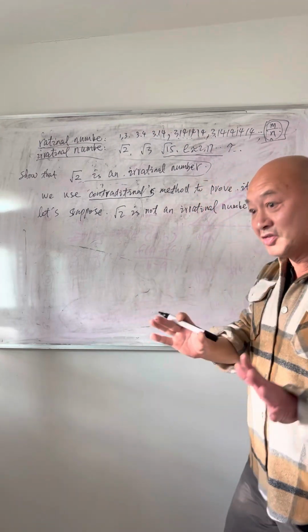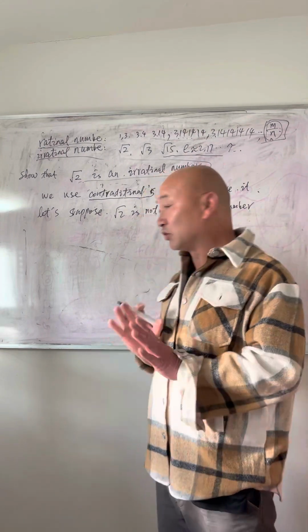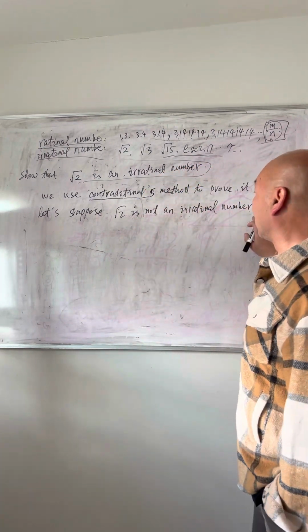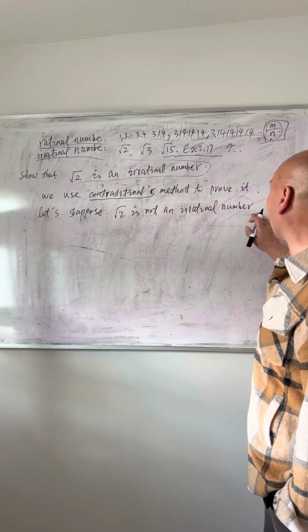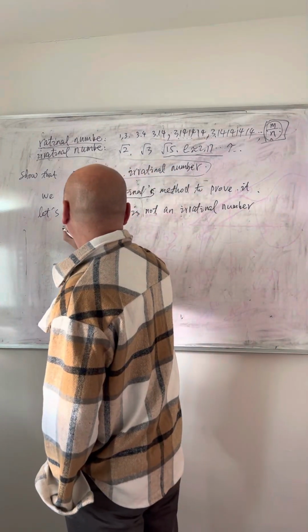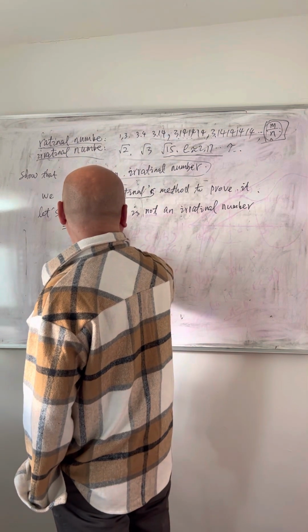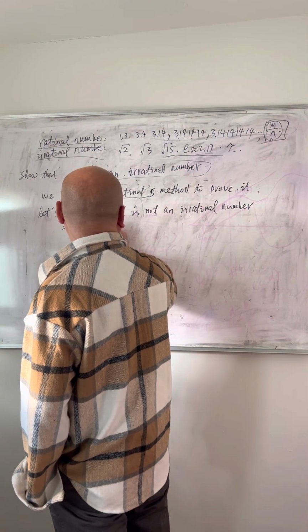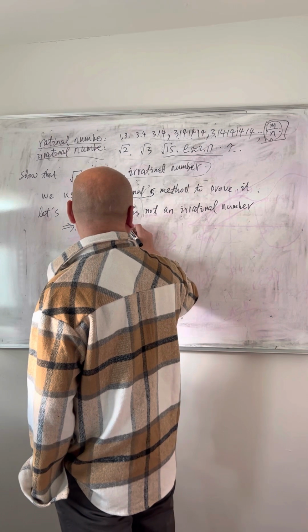All numbers are either rational or irrational. If this is not an irrational number, then this radical 2 is a rational number.